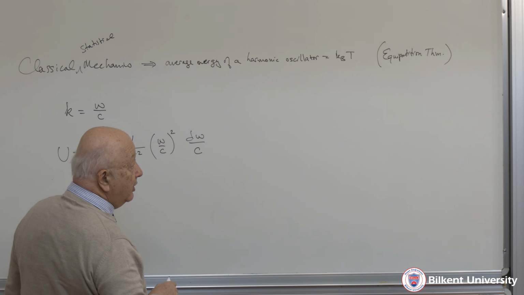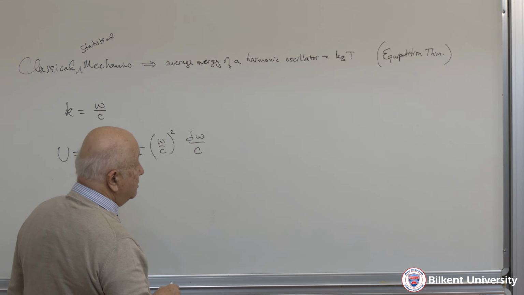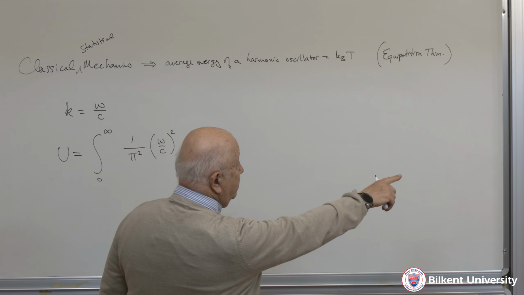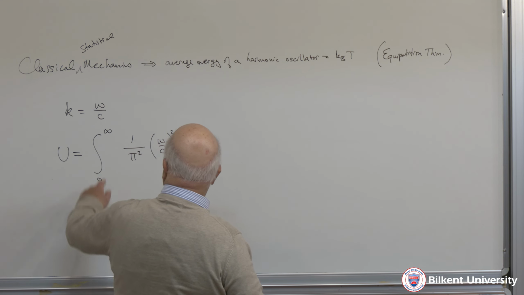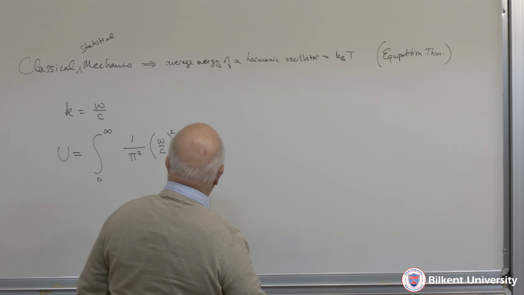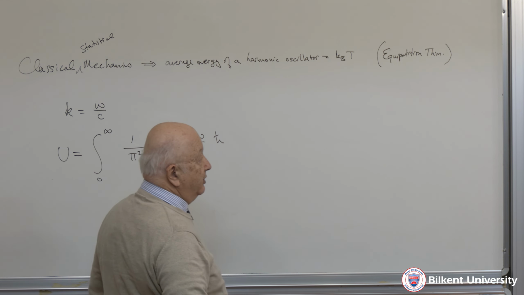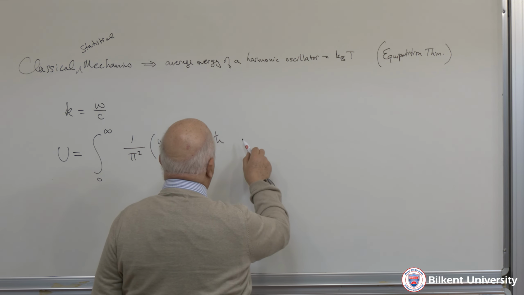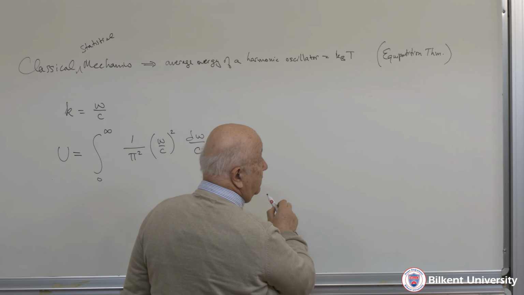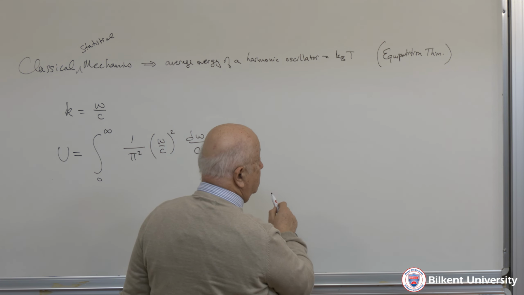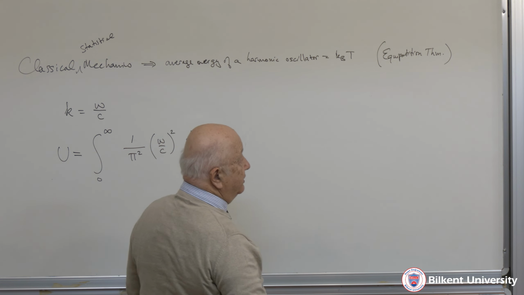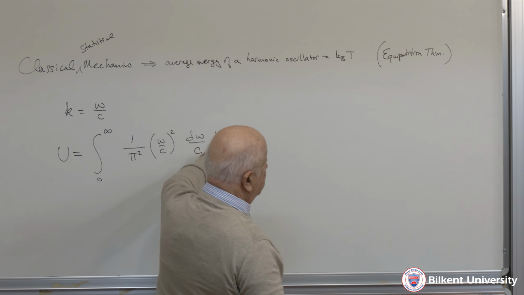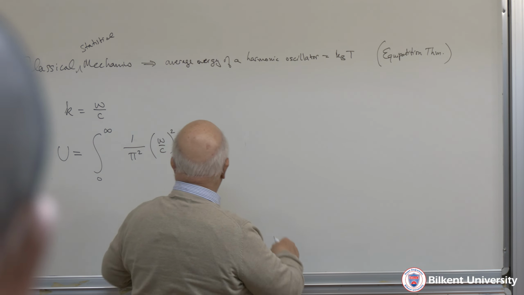Okay, what else? Okay, so where am I? There's a c h bar k. So if I put k equal to omega over c there, I am going to be left with just a single h bar. And then I have this exponential factor, which is going to be, this can be omega over c, so I'm going to get another factor of omega here, right?